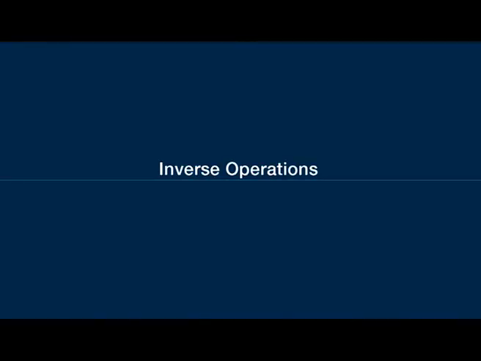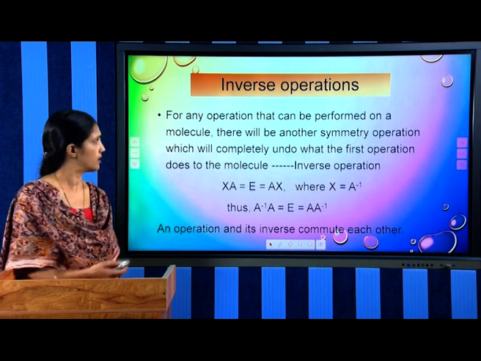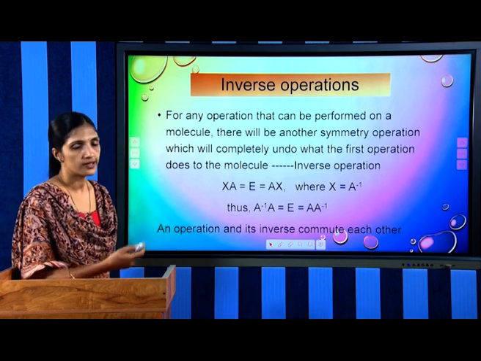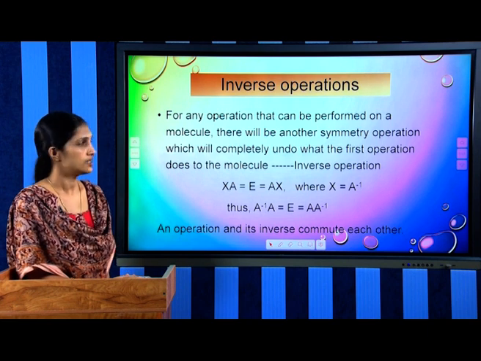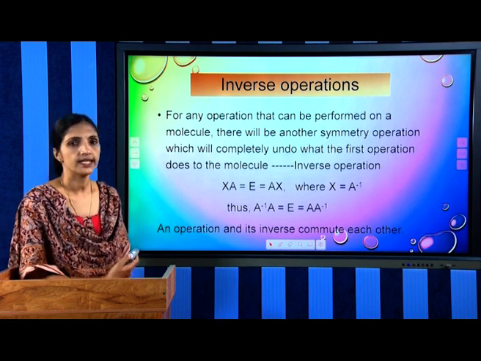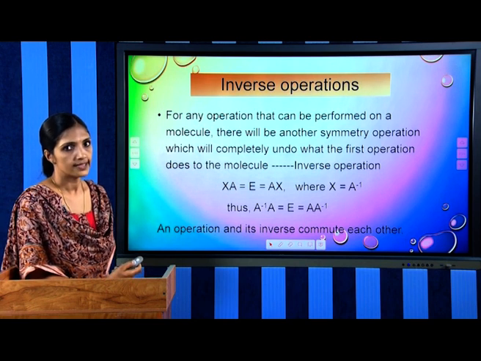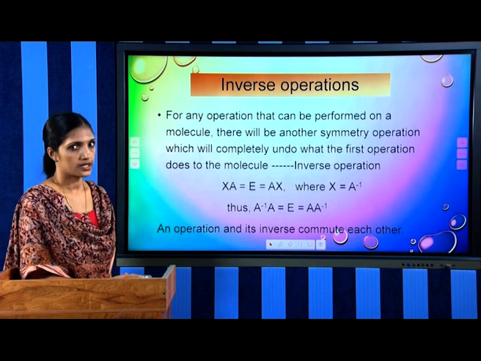Okay. The next term we are discussing is inverse of operations. What are inverse operations? For any operation that can be performed on a molecule, there will be another operation which will completely undo what the first operation does to the molecule. That is known as the inverse operation.